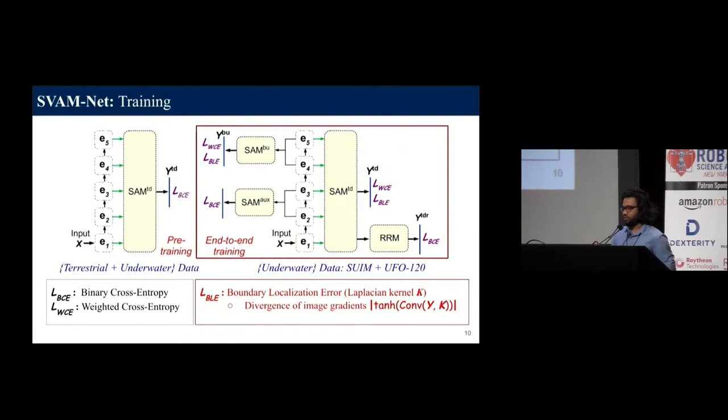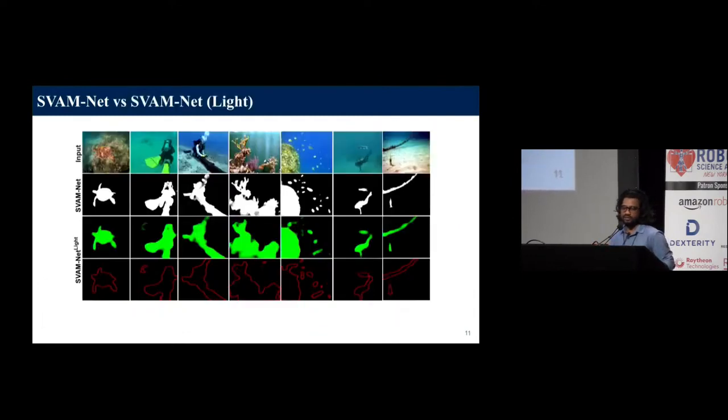For the rest of the presentation, we'll just show some qualitative examples and demonstrate how we can use it in practice. For instance, here, the white pixels represent the output of the full model, and the green pixels and the red object contours represent the output of the light model.